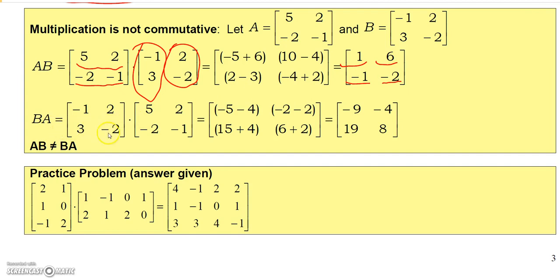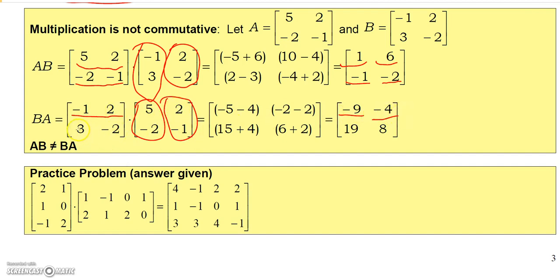But then if I turn it around, let's say I multiply B times A. If I take this row by this column, I'll get -5 minus 4, which is -9. And then if I take this row by the second column, I'll get -2 minus 2, which is -4.